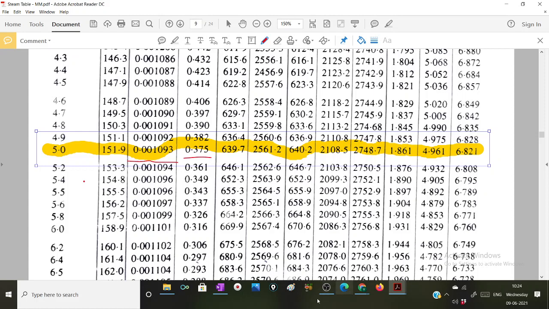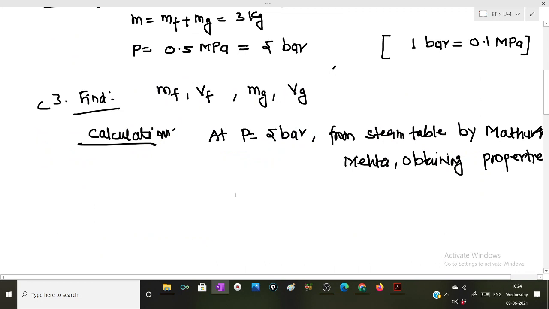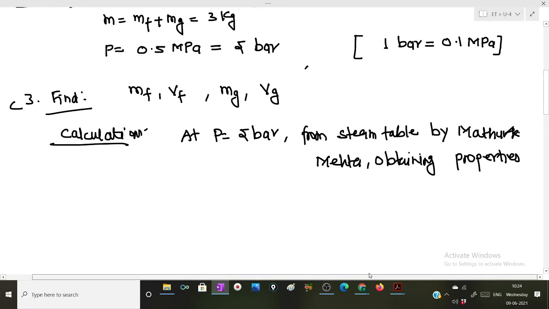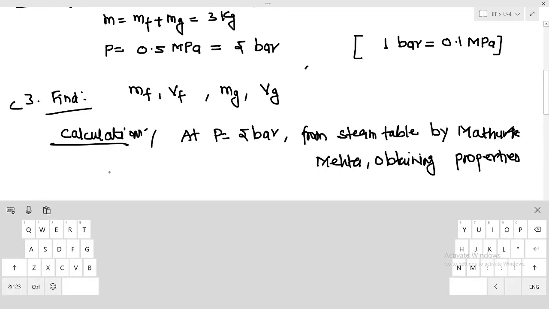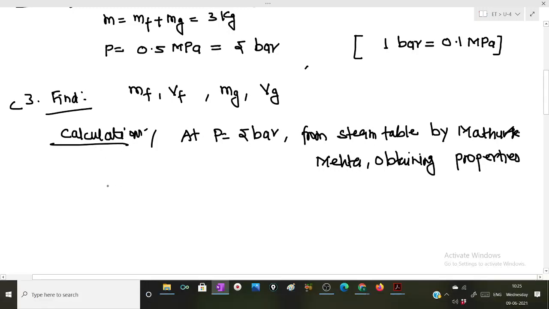Now, after referring to the steam table of Mathur and Mehta, I got these properties from steam table at 5 bar.